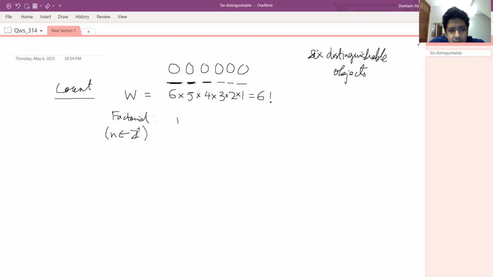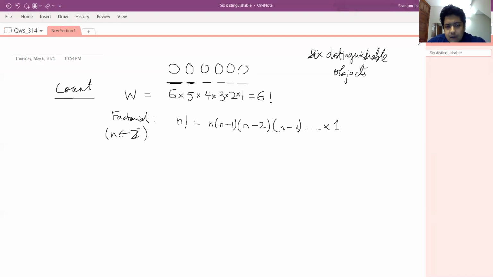Factorial is defined as n factorial equal to n times n minus 1 times, like we did with 6 times 5 times 4, going all the way, n minus 2, n minus 3, going all the way to 1.